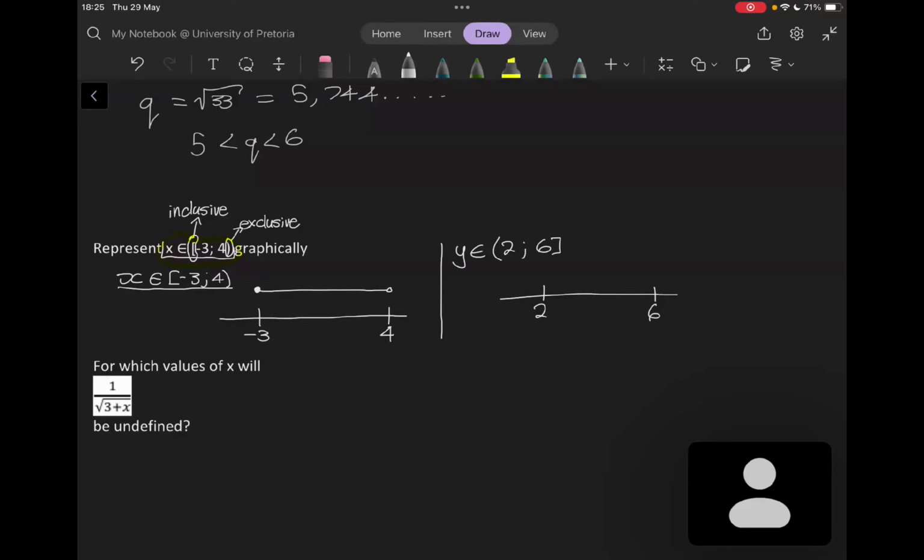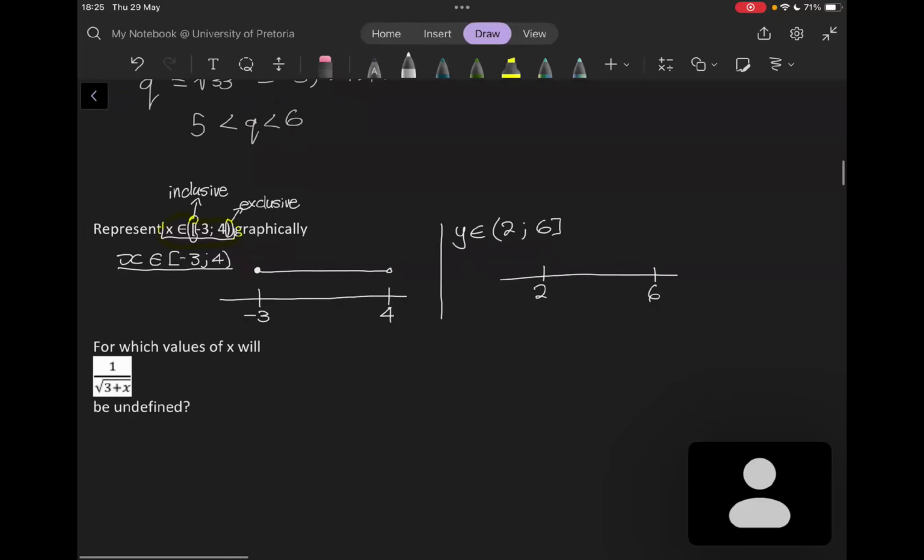On top, we indicate whether or not the numbers are included or excluded. For our 2 over here, we would put a round or a hollow circle, the empty circle, because it is excluded, as noted by this over here. On the right, on top of the 6, we put a filled in circle because it is included, as noted by this square bracket over here.